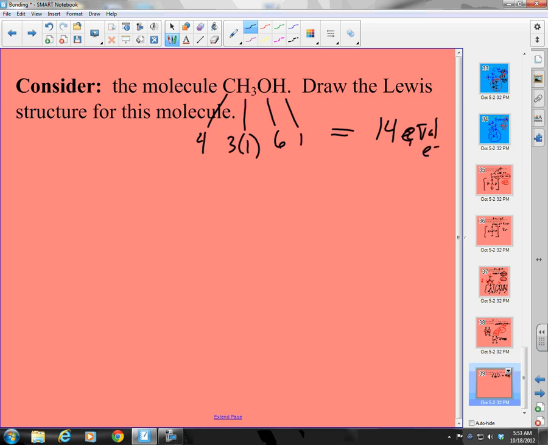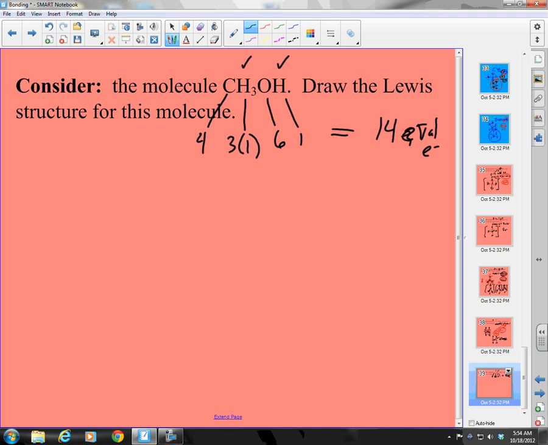Good. Now, choosing the central atom. Wow, we have a whole bunch of things here. Well, first of all, we can say we know it's not hydrogen because hydrogen is never the central atom. And remember, I said sometimes they give us a hint based upon the formula. So what they're telling us here is, look at it. We have 4 hydrogens, but they're not together.